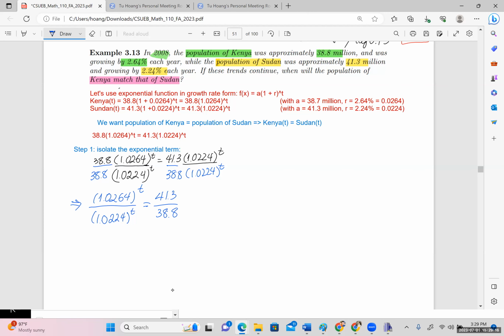And according to the rule, if you have something like a raised to n over b raised to n, you can combine them to be a over b, everything raised to n. Okay, that's the rule.